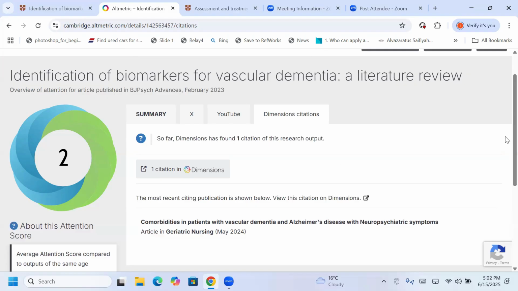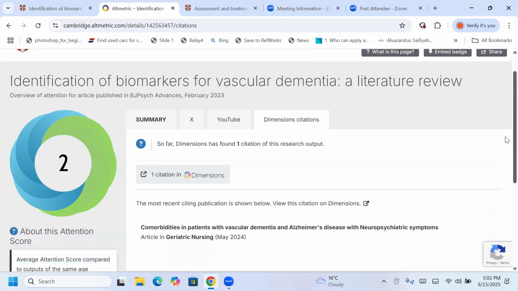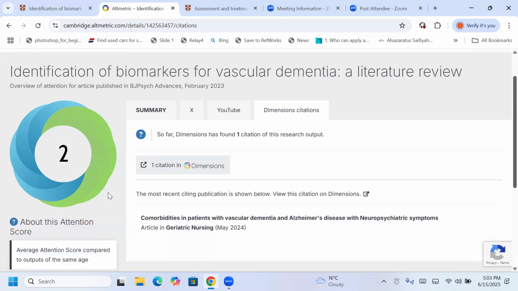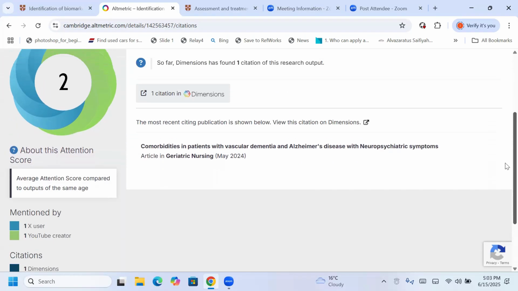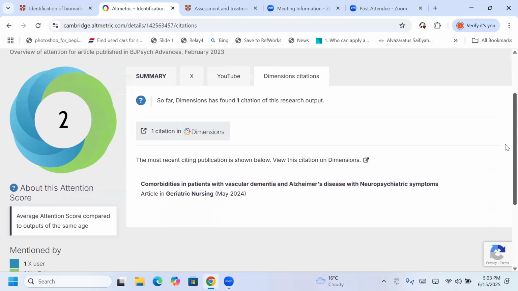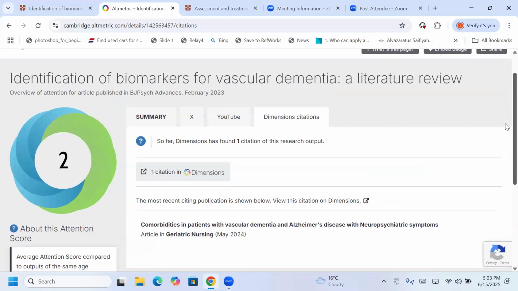However, if you look at the altmetric attention score, it is not only relevant to researchers, but even others, where how this particular piece of work has generated outside the dimensions of research.